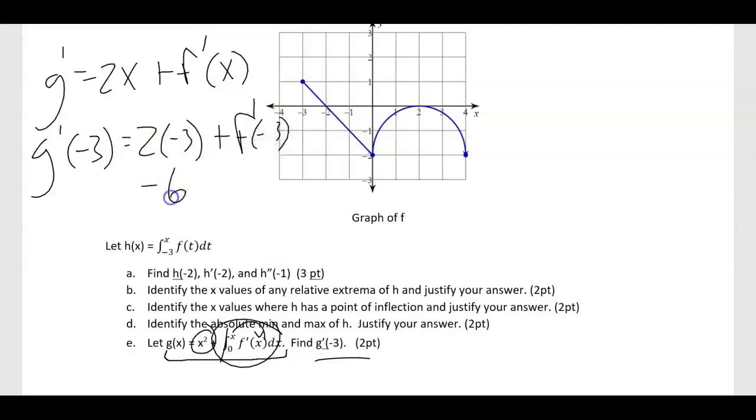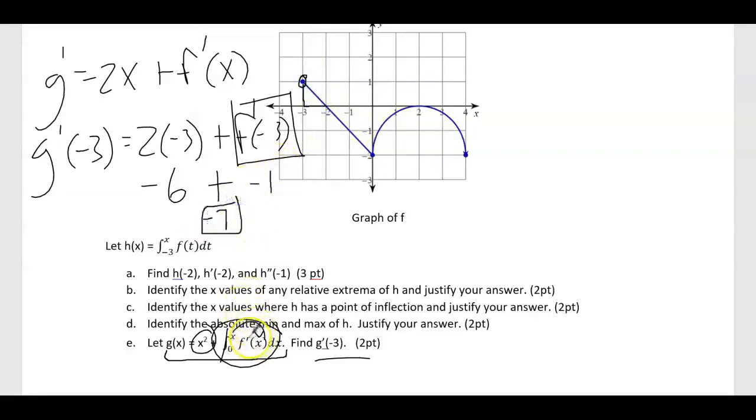So this is -6 plus, how do I find that? Well, if this were just an f, that would just be the y value of this graph. But since it's a prime, what they're asking for in this case would be the slope of f at -3. But -3 right here, the slope is down 1 over 1, so it's -1. And so the final answer here will be -7.